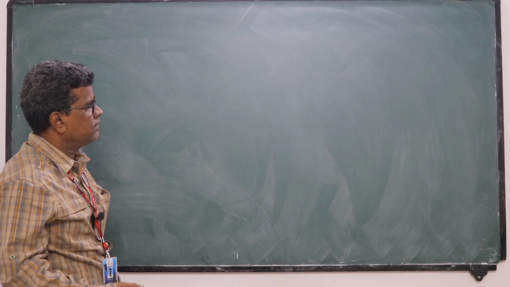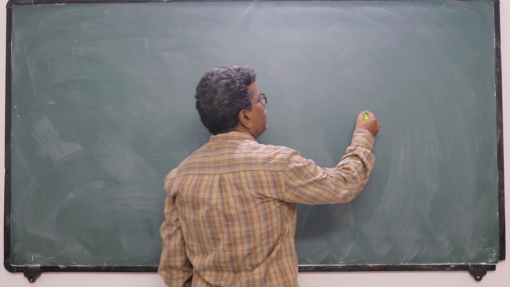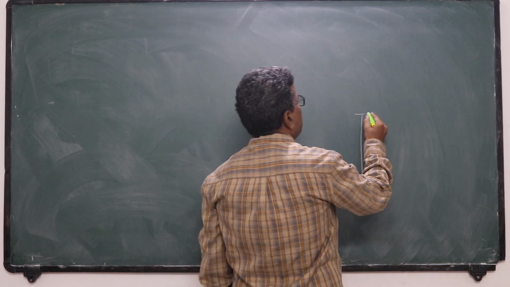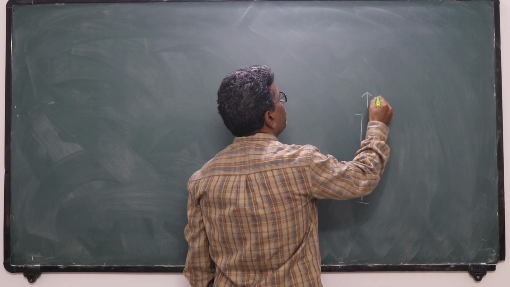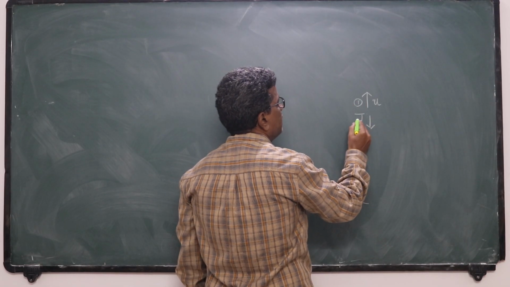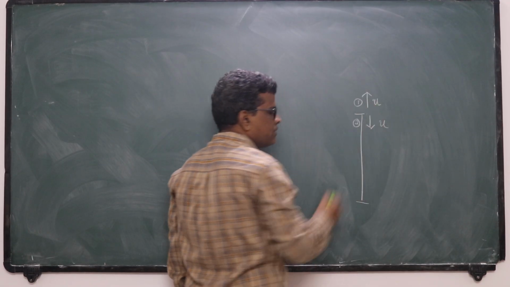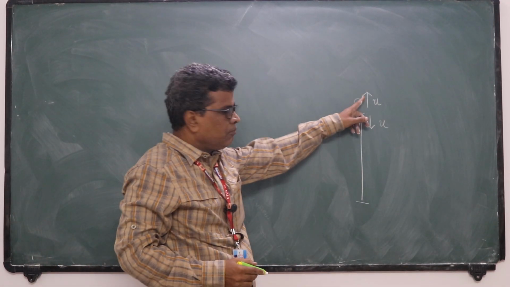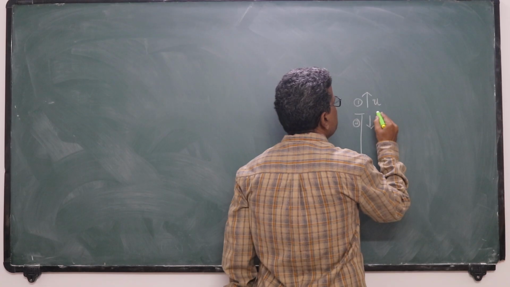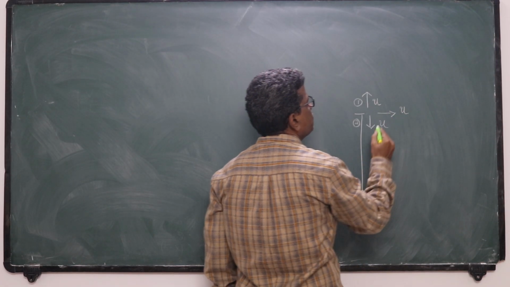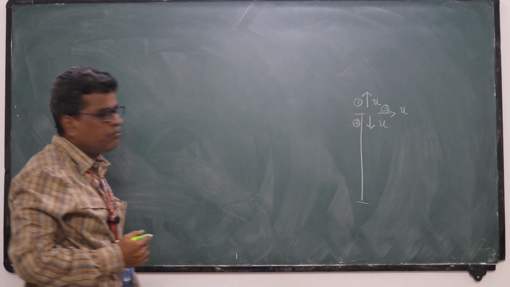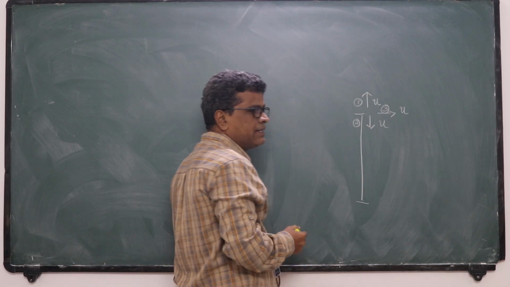So the next one. Suppose from a tower of height h, an object is projected with velocity u from the top of the tower. A second object is projected with the same velocity u, but downward. A third object is projected with the same velocity u, but horizontally, simultaneously.